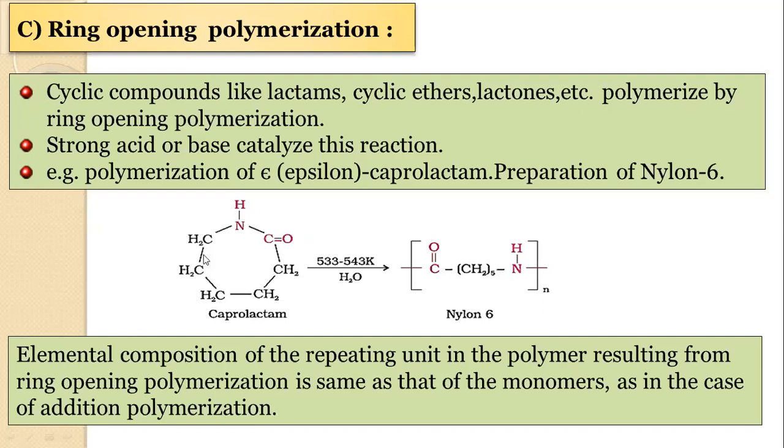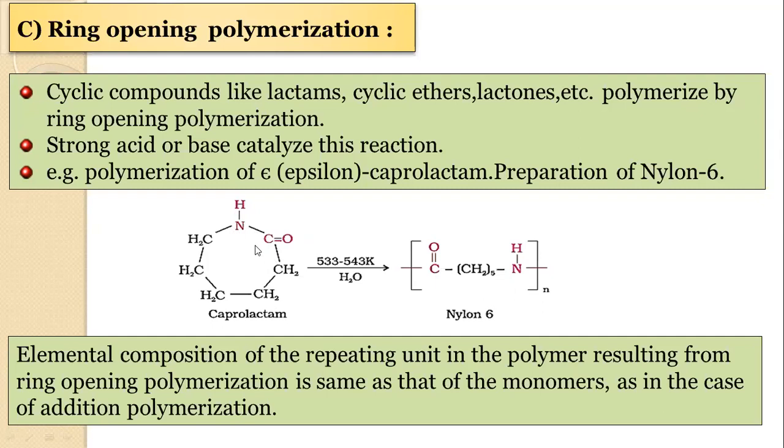Last year, the question asked on this was, in case of caprolactam, how many methylene molecules are present. So it is quite a confusing question. 5 CH2 groups are there, but total carbons are 6.